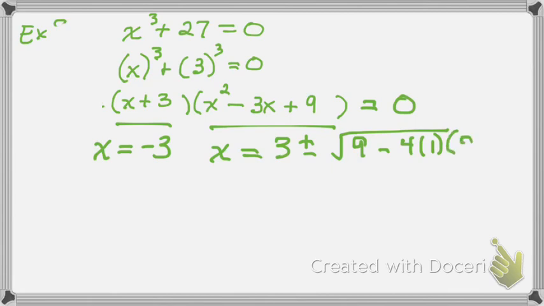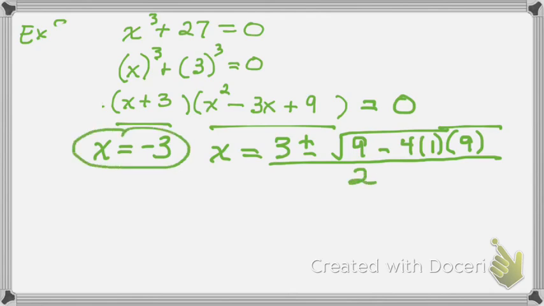Times c. All over 2 times a. So if I were to simplify that, I will have 3 plus or minus, then what? 9 minus, what's 4 times 9? 36. What's 9 minus 36?